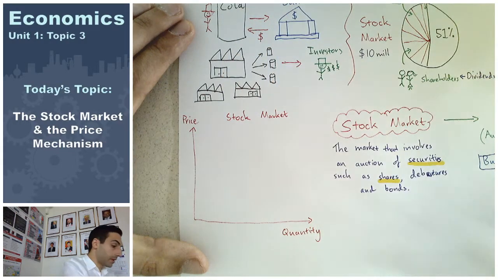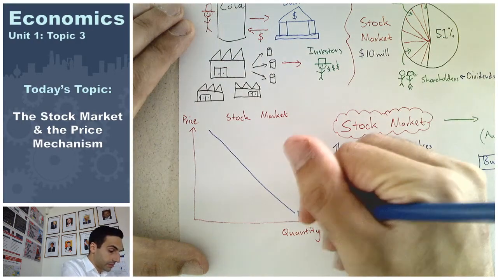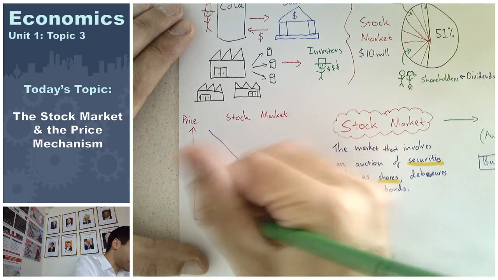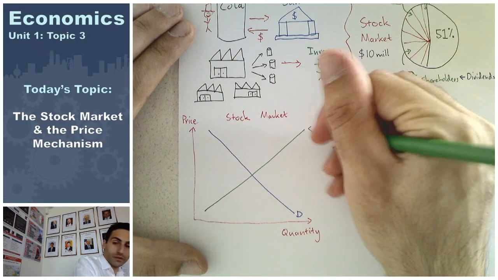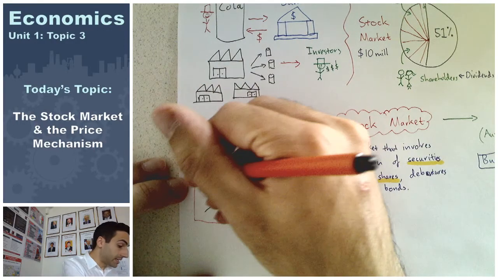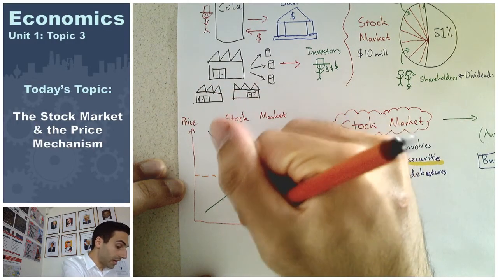We have demand always sloping in that direction, and we have supply sloping in the other. Now at equilibrium, we have a situation where buyers and sellers are content to trade.